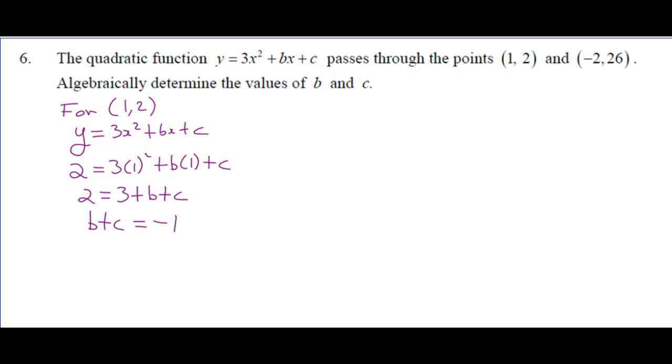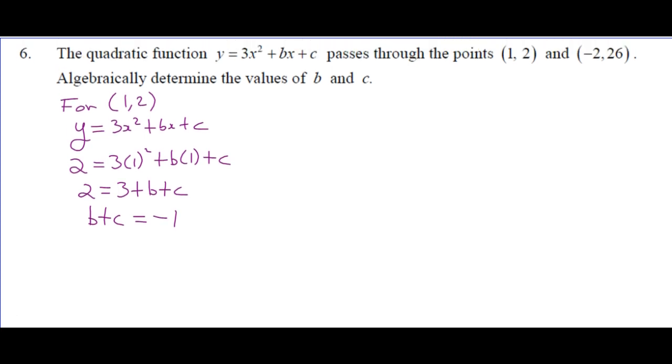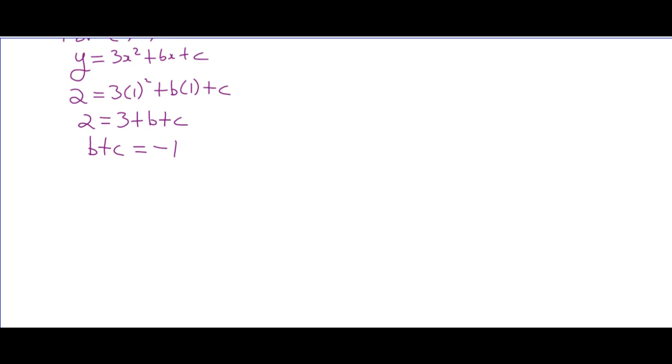Now, what's the other point? Negative 2, 26. We're going to get 26 equals, and I'm just carrying down from this. That's still in effect. So y is equal to 3 times negative 2 quantity squared plus b times negative 2 plus c.